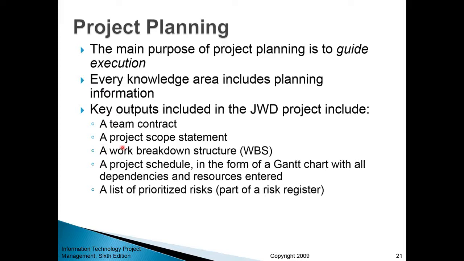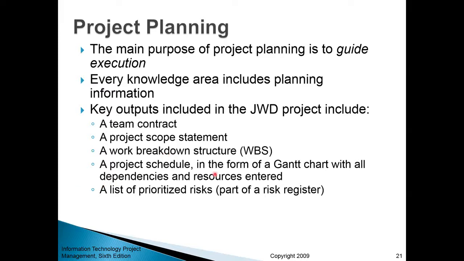Also, you need to come up with a project scope statement, which is a document that clearly specifies what you agree to do, what needs to be done as a part of this project. Then a work breakdown structure, a summary of steps or activities that you need to carry out to get from the concept stage to the closing stage. In other words, what are the things that you need to do to get this project done? Okay, a breakdown of specific steps.